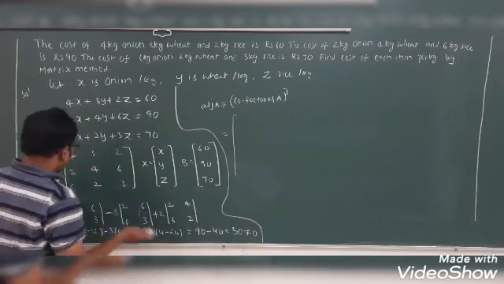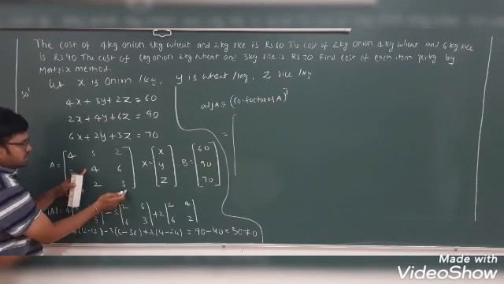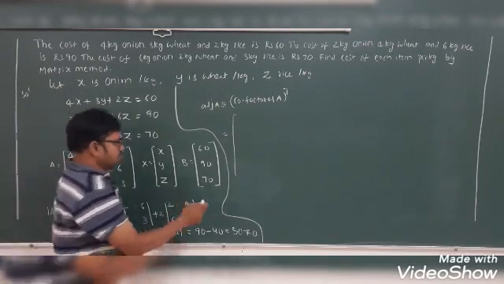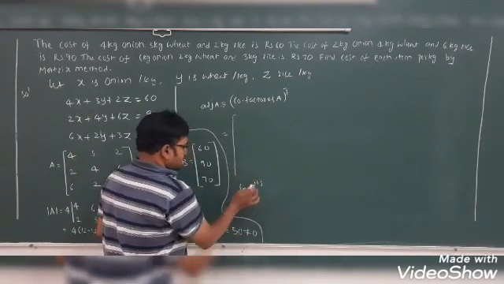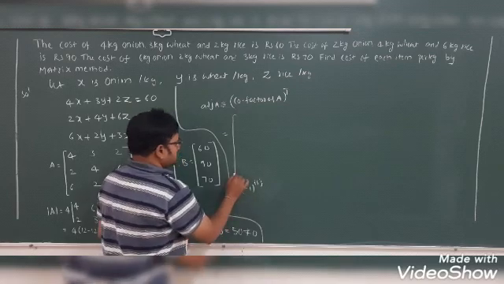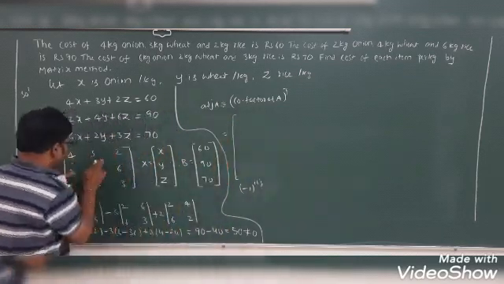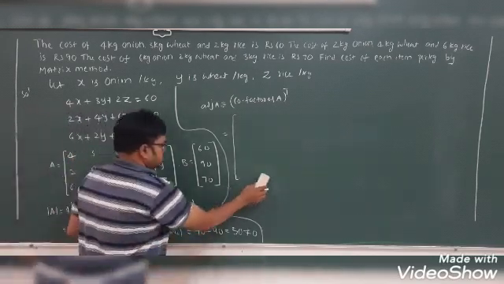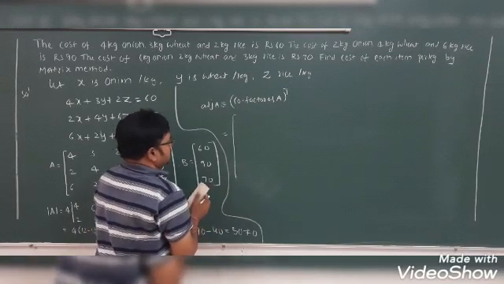We suppress the row and column, we get the minor. This minor means 2 by 2 minor. This minor is multiplied with minus 1 whole power i plus j, i row and j column. Then we get the respective cofactor of each and every element of the given matrix A. This is the process.